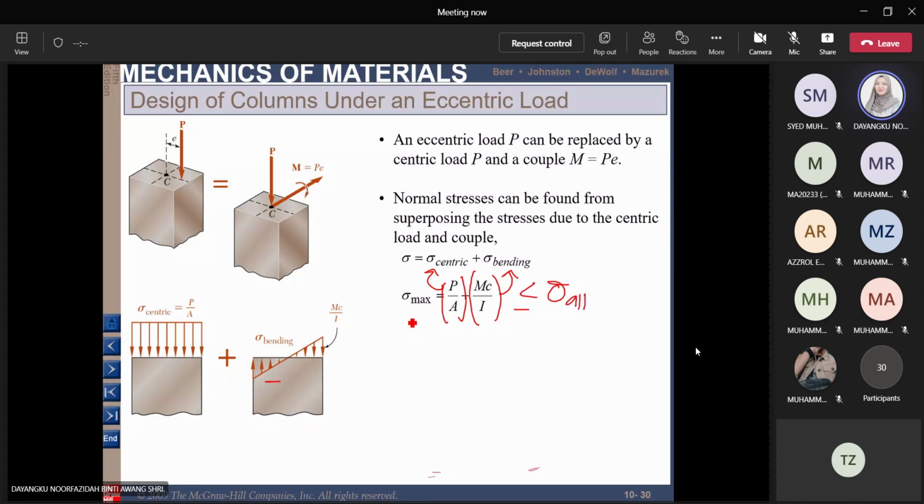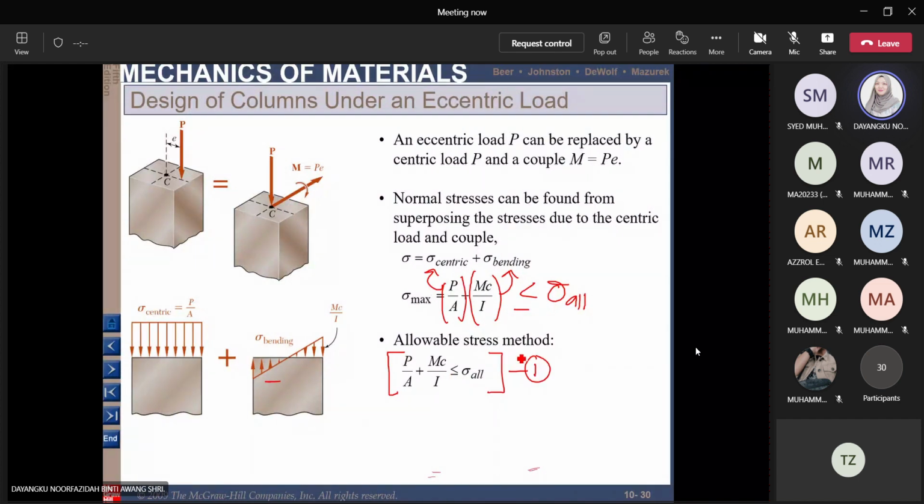Then we will have two types of method. One is the allowable stress method, in which we have P over A plus MC over I less than or equal to the allowable stress. This is the first method, and usually it is specified to you whether to use the allowable stress method or the interaction method.